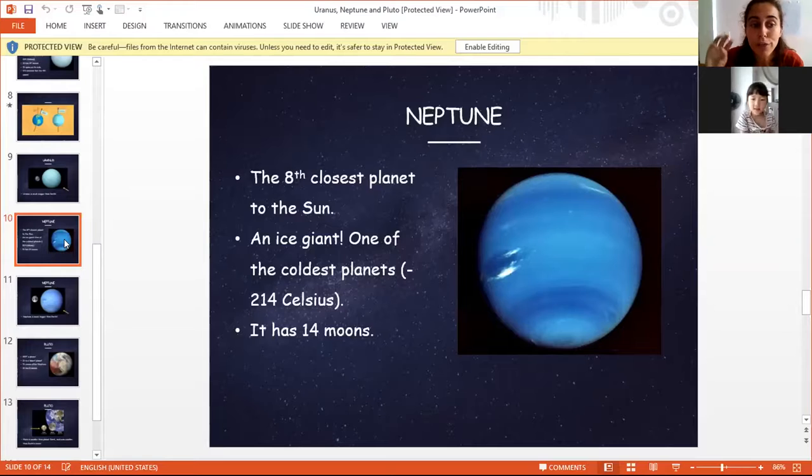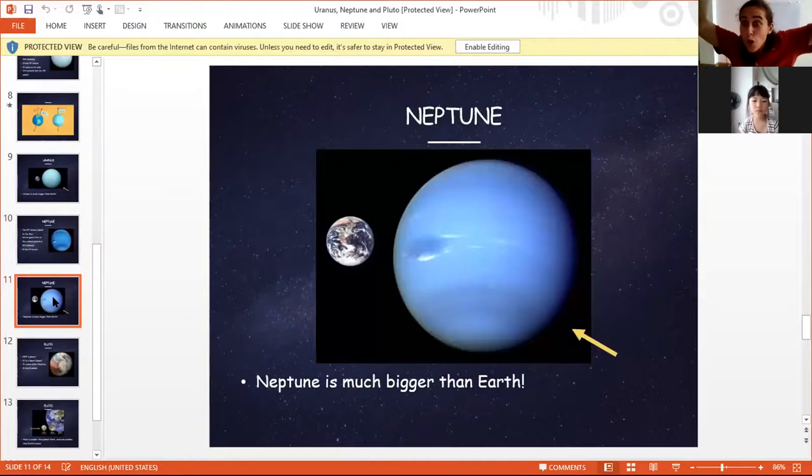So we learned 3 things about Neptune. It's the 8th planet, it's very cold, and it has 14 moons. Good. Let's go to the next slide. And it's so big. It is so much bigger than Earth.